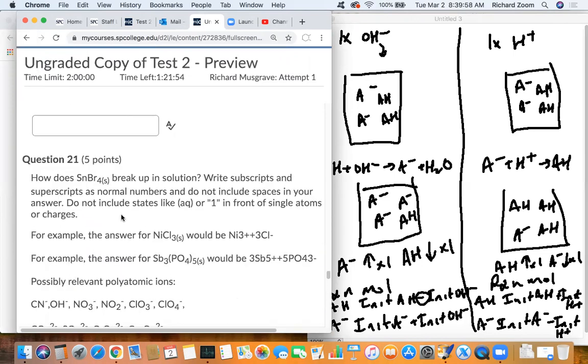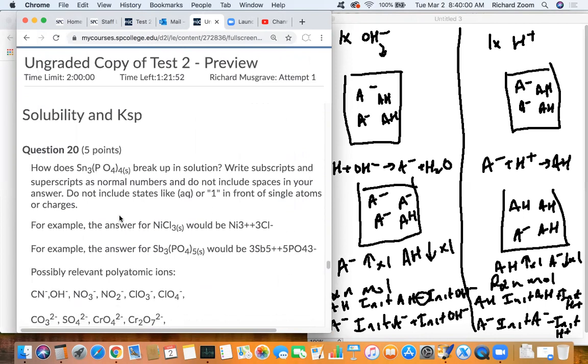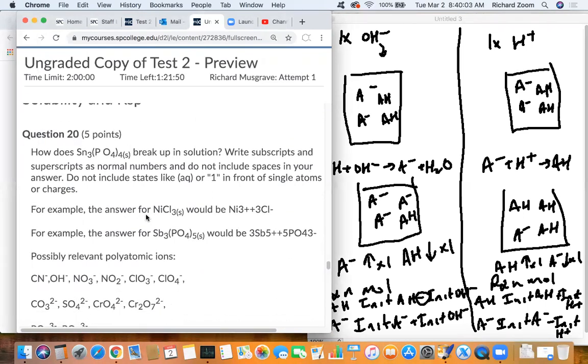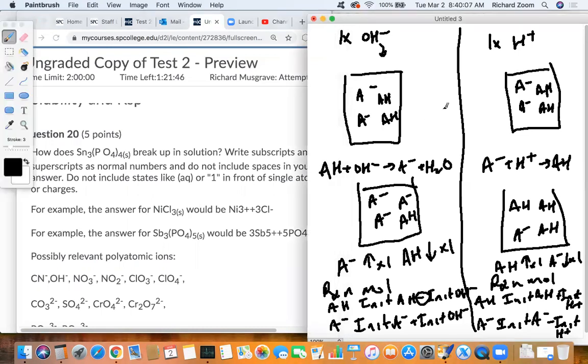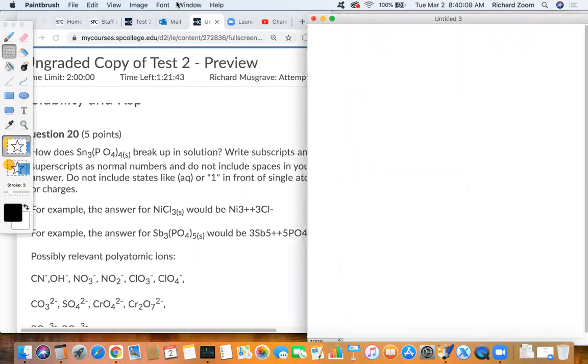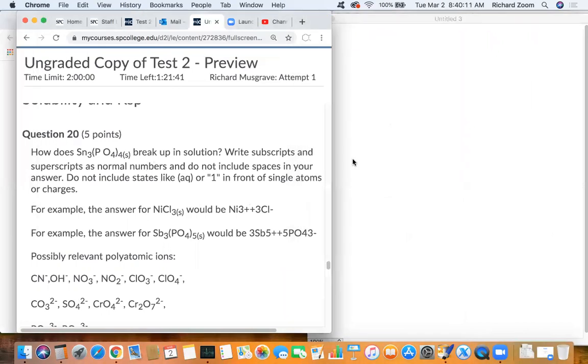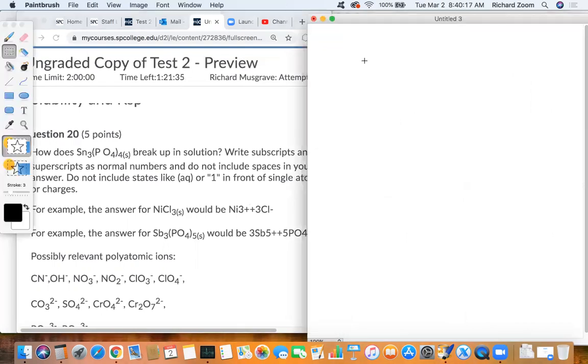Okay. So let's look at how we break stuff up first. So this one is asking for Sn3(PO4)4. How's that break apart? So draw a picture of it.